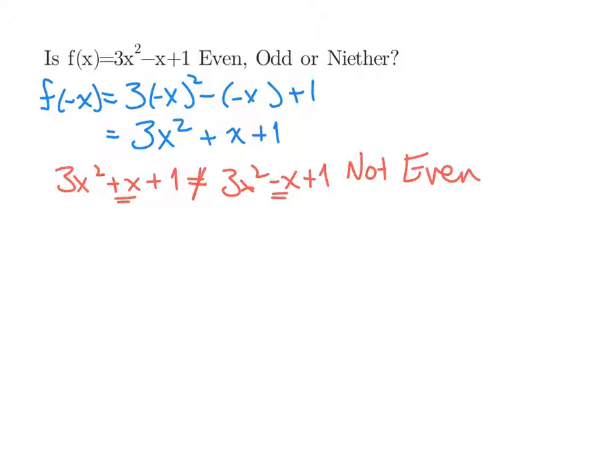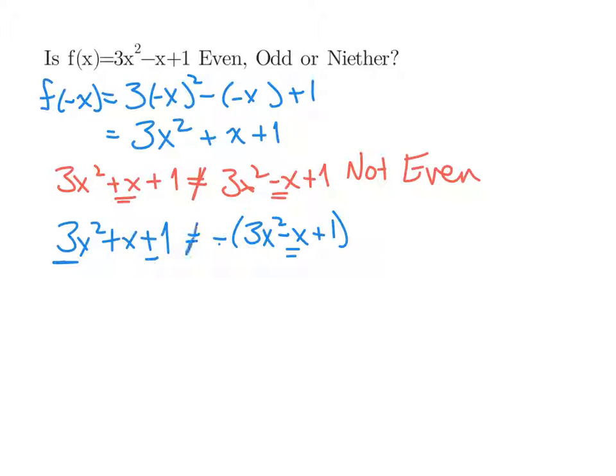So next, we take a look at that same 3x squared plus x plus 1, that f of negative x, and see if it's equal to the opposite of 3x squared minus x plus 1. When we do that, that will change the sign of that middle term back to being positive, but then it will make the first term and the last term both negative, which are not the same as what we have on the left side here.